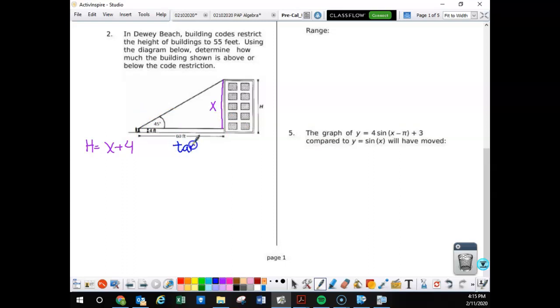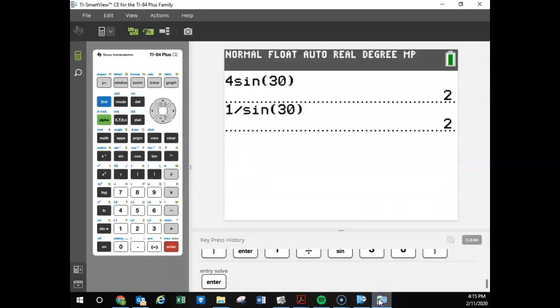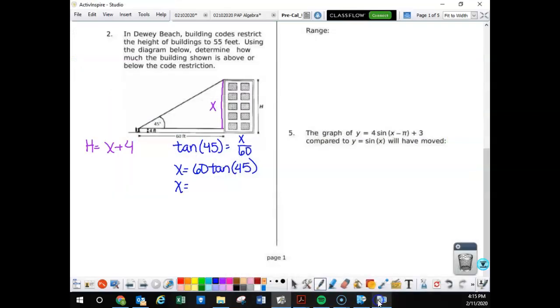So tangent of 45 is equal to the opposite over the adjacent, which is 60. If you solve for x, this is 60 tangent of 45. Okay, plug that into your calculator. And that is equal to 60. So that means the total height of the building is 60 plus 4, which is 64.